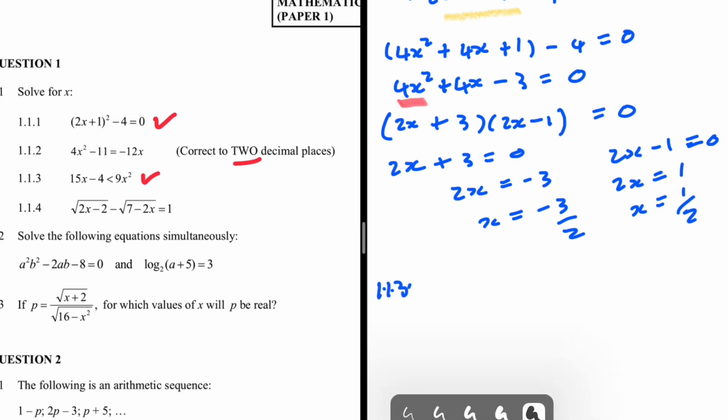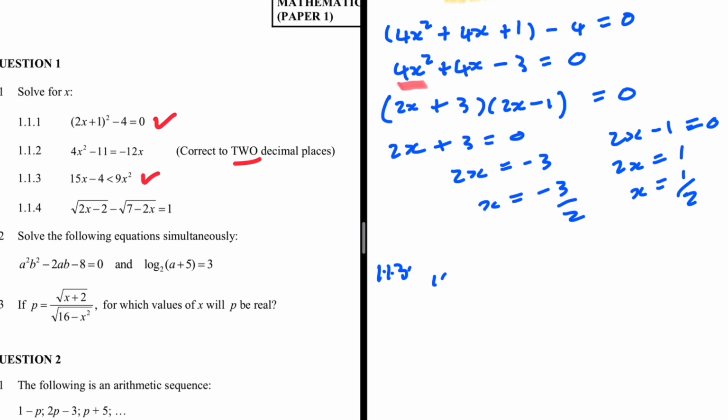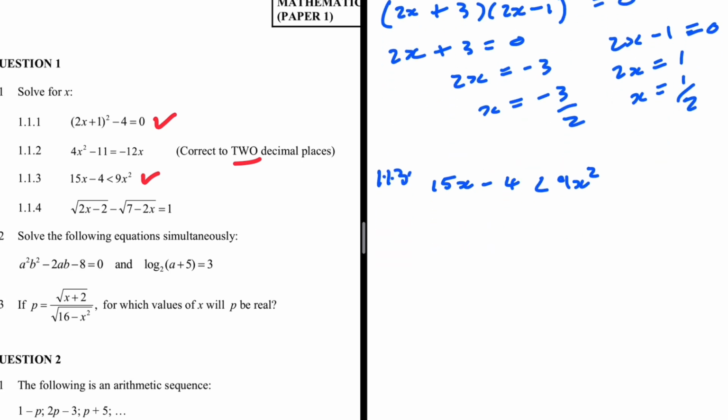So in doing 1.1.3, we have an inequality there. We have 15x − 4 < 9x². So let's take 9x² to the left-hand side. We're going to get −9x² + 15x − 4 < 0.